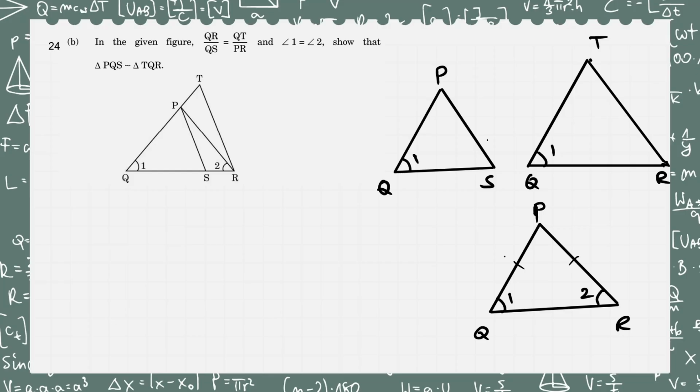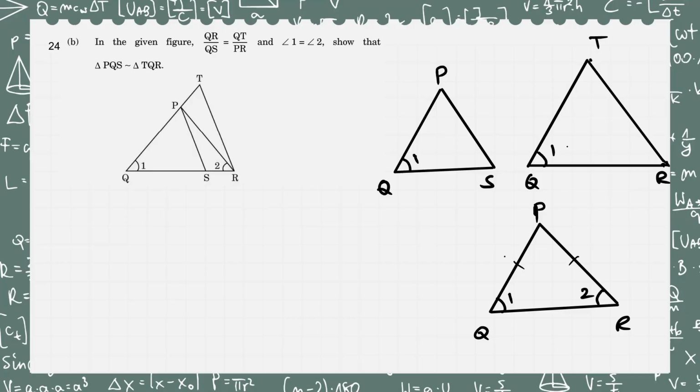So one piece of information we already have. In case we know that the sides which created the angle are proportional to each other, for example, PQ and TQ sides and QS and QR sides are proportional, if we can tell that, then we are already there. We can easily prove this by SAS similarity, right?